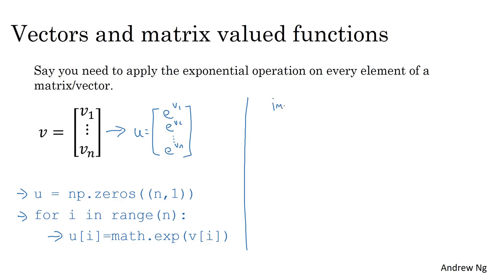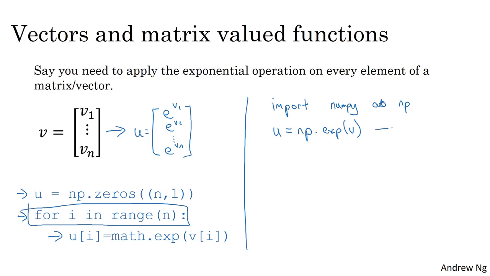So to implement this, I would import NumPy as np, and then you can just call u equals np.exp(v). Notice that whereas previously you had an explicit for loop, now with just one line of code, v is an input vector, u is an output vector, you've gotten rid of the explicit for loop, and the implementation will be much faster.